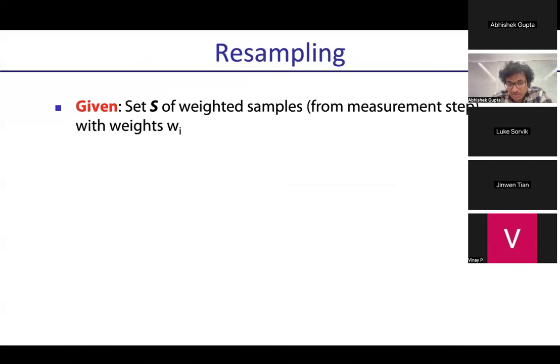The idea behind resampling, if you remember, is we start with a set of weighted samples, S1 to SK and W1 to WK.